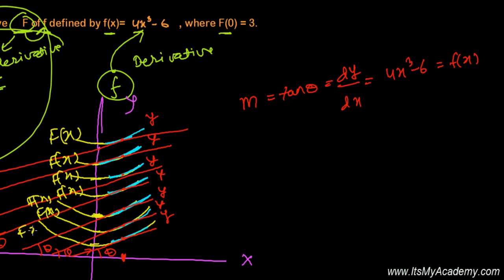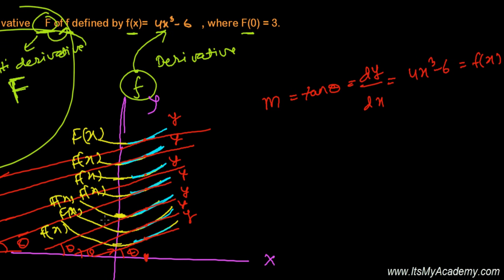These all are capital F of x, but we need to find that capital F of x where, when we put F of 0, we're going to get 3. So we need to find this function. We are in search of this function.